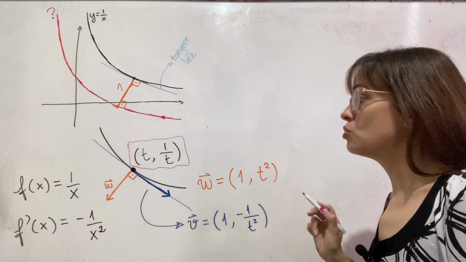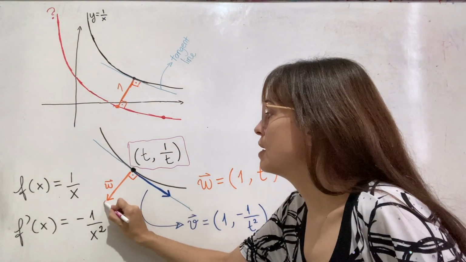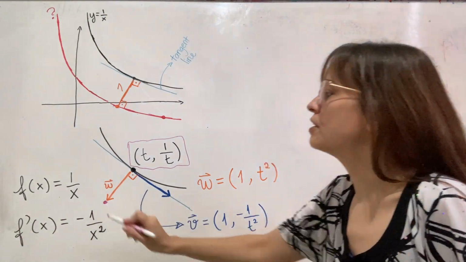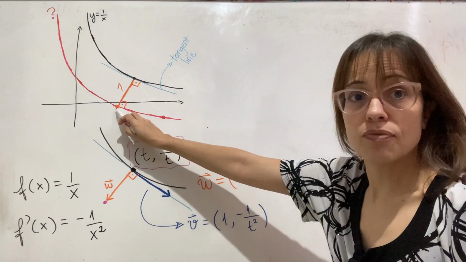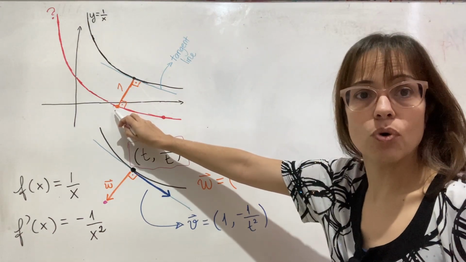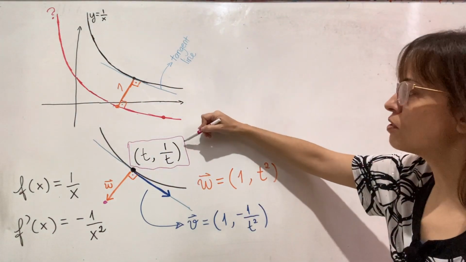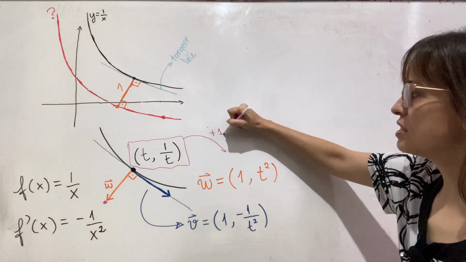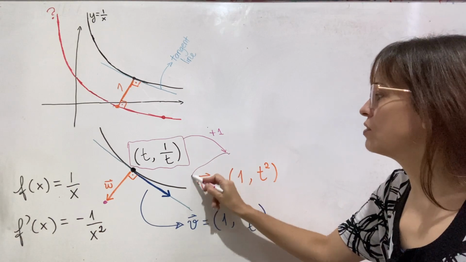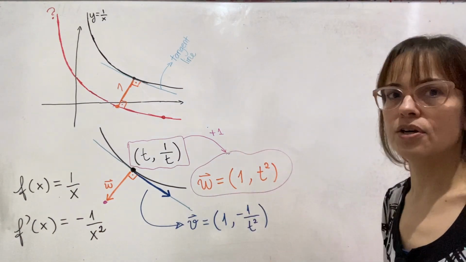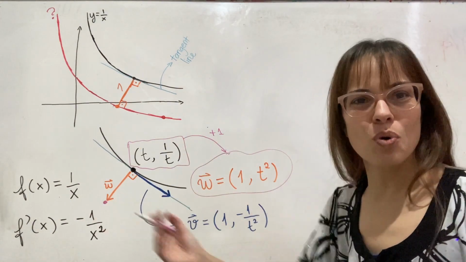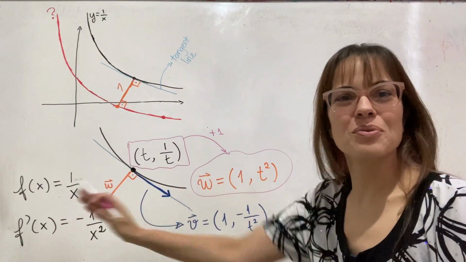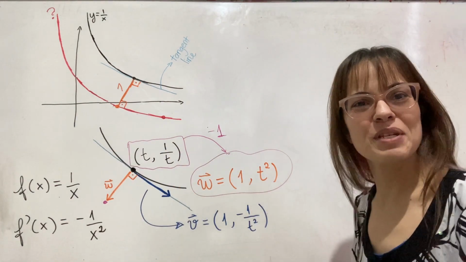Okay, so what I need to do right now to find a point over here that is going to be part of the red curve that I am looking for, is to start from this point and to move 1 unit in the direction of this vector here. I mean, it's actually -1 unit because I am moving to the left for this very specific example.